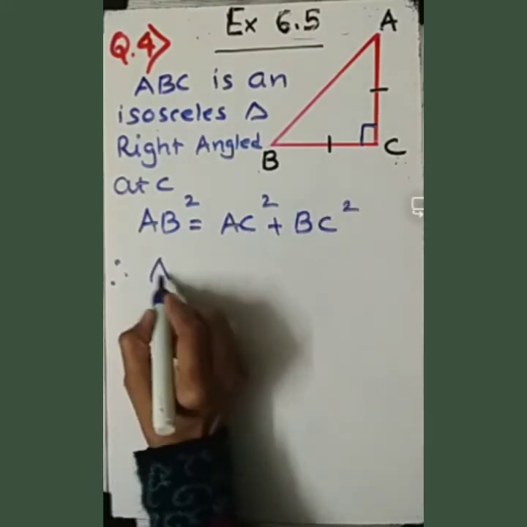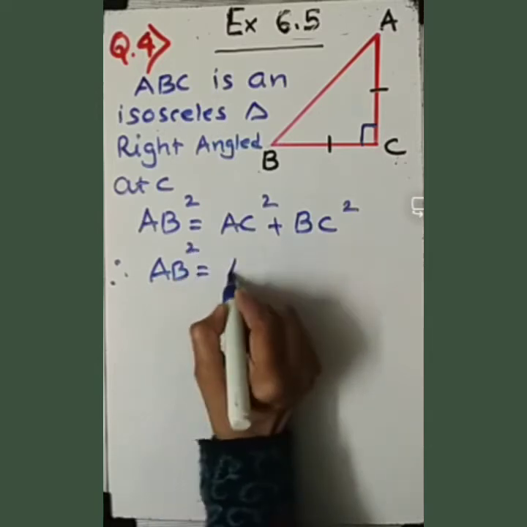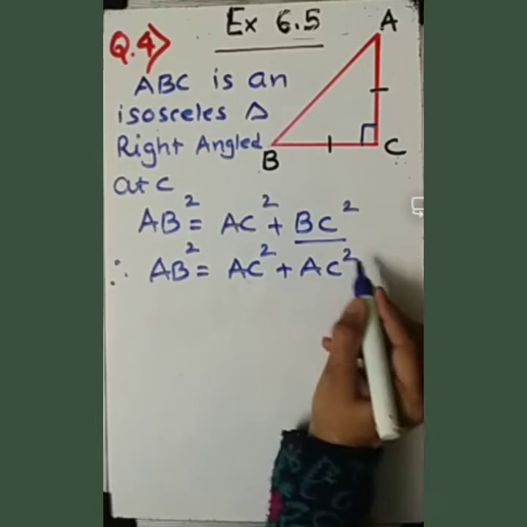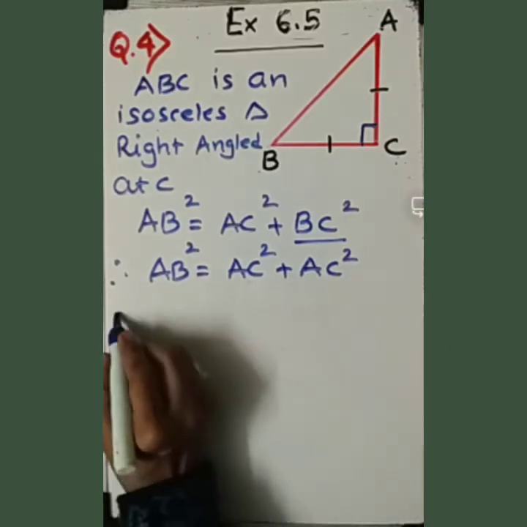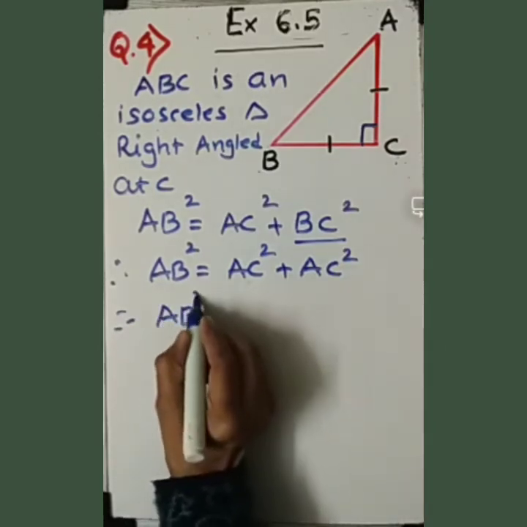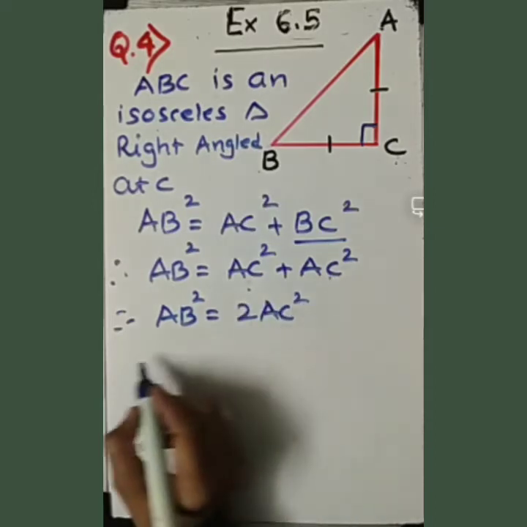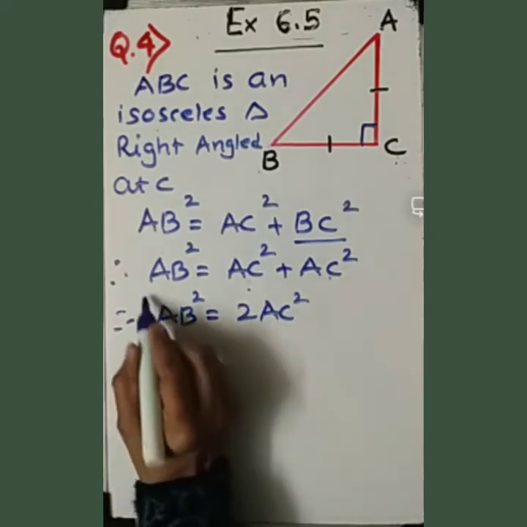Therefore, AB square equals AC square plus AC square, which is 2AC square. So this is the required result.